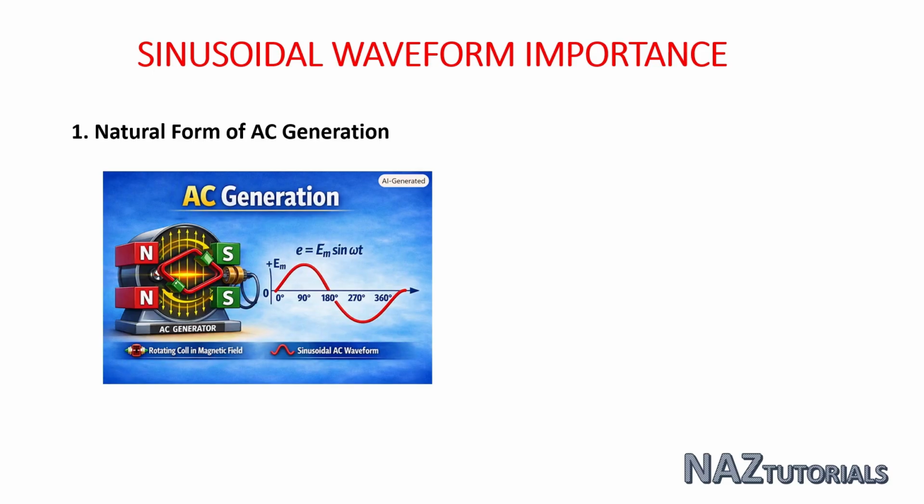As you know, the sinusoidal waveform we can generate by moving a coil in a fixed magnetic field, or you can say by moving a field in a fixed coil. So, in both ways, we can generate our alternating waveform.